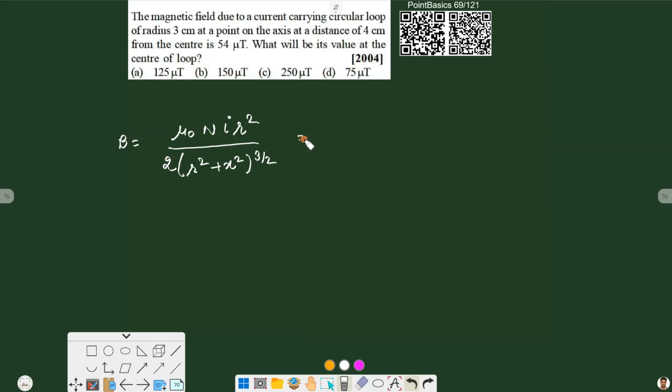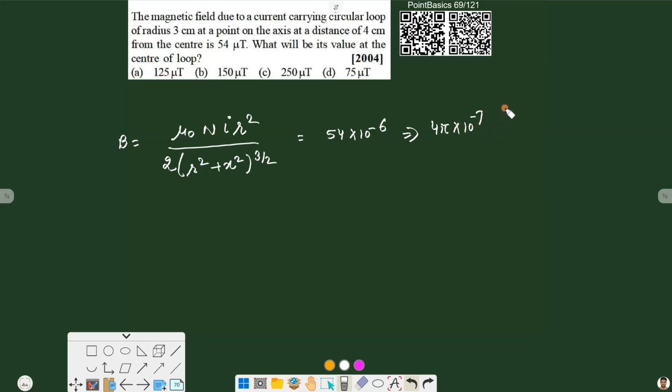So it is given to be 54 micro Tesla, and we can say here the value of mu node is 4 pi into 10 raised to power minus 7. Number of loops is not given, so assuming it to be 1.